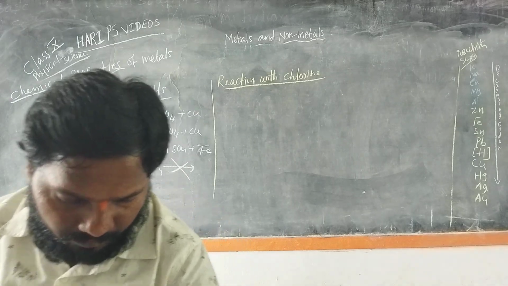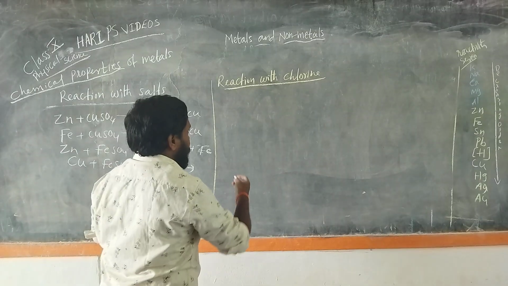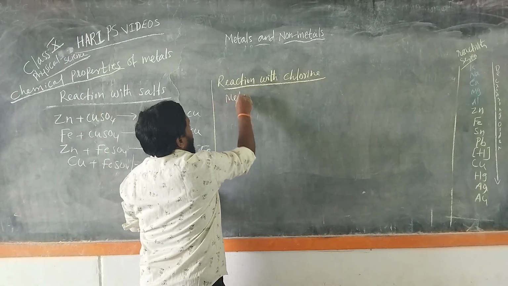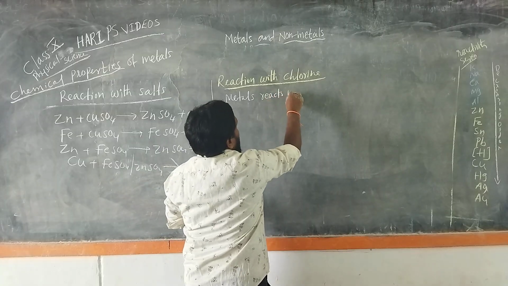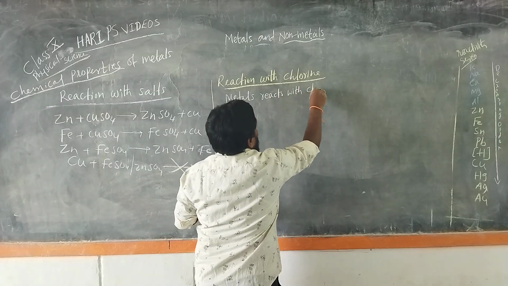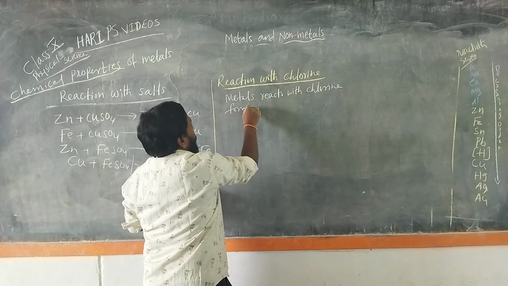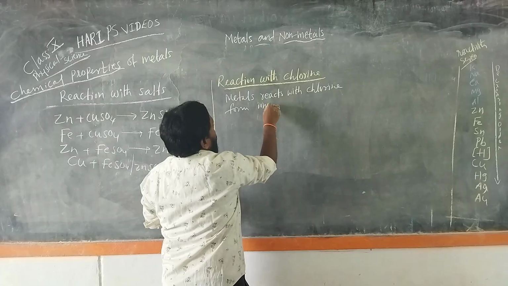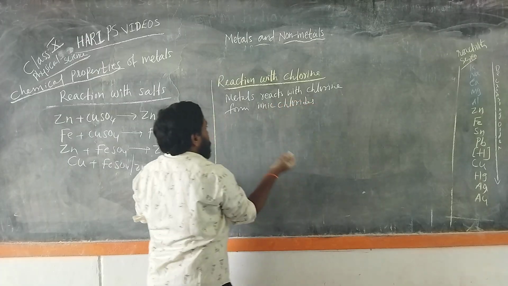Metals react with chlorine to form their ionic chlorides. Ionic chlorides. Simple.